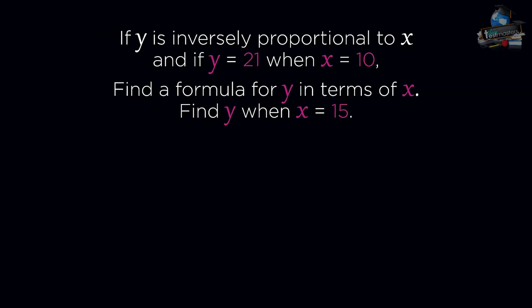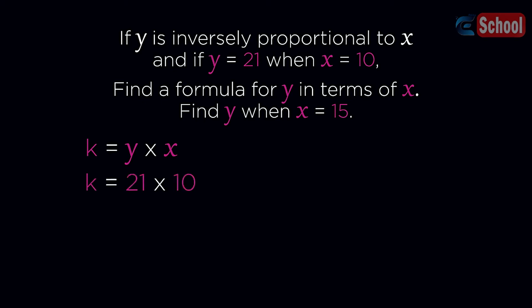To find the formula for y in terms of x, we first need to find k, the constant of proportionality. Because for inverse proportion, k is the product of the quantities x and y, we multiply these. K has a value of 210, so xy equals 210.